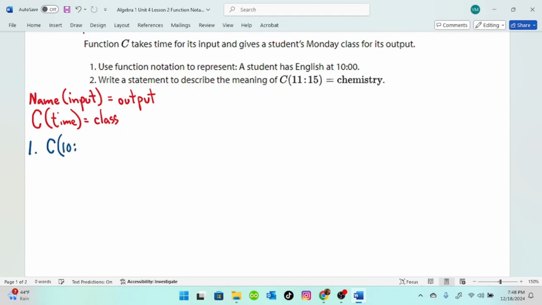So C of 10 o'clock equals the class, and they tell us that class is English. So this is how we take a description and write the function notation that represents it.